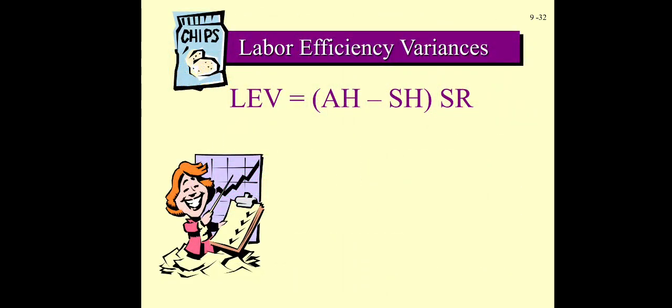So this is the second thing. For the direct labor, the quantity aspect of direct labor is the labor hour. So when you do the variance analysis, the name of the variance analysis for direct labor hour is labor efficiency variance.